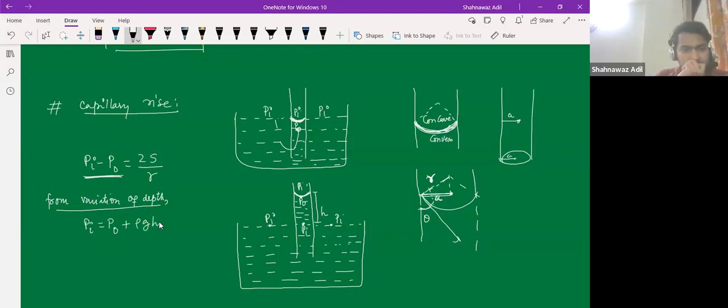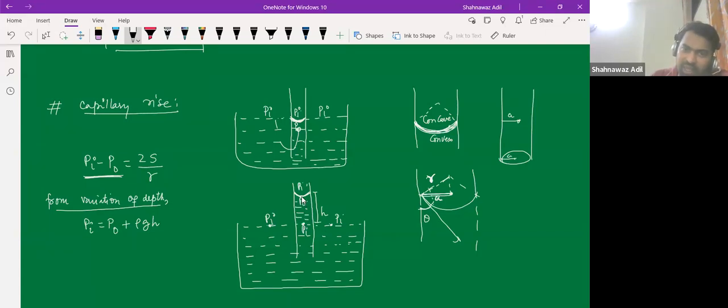From Pascal's law, this point, this point, this point, these are all the same point, and this is at a certain height.